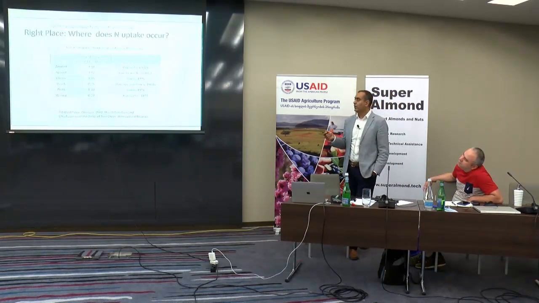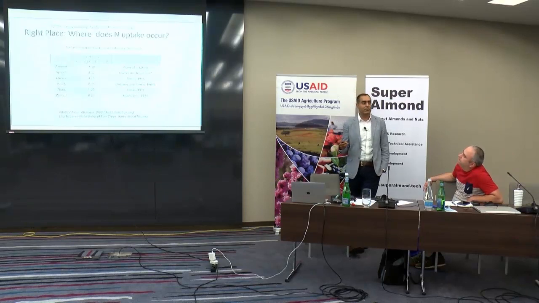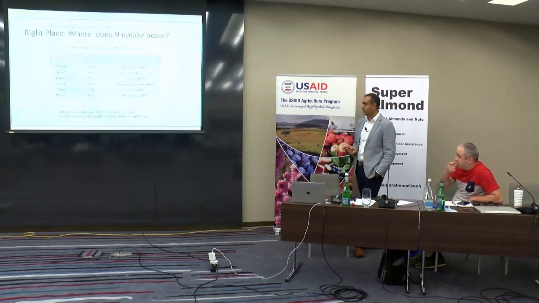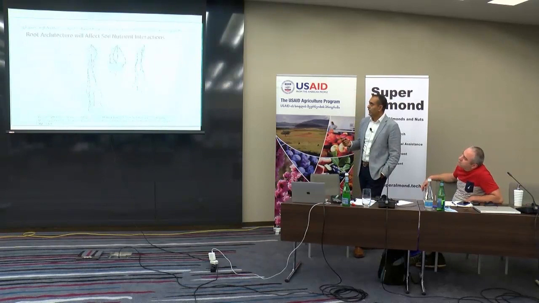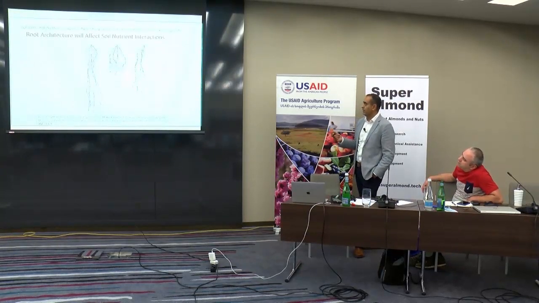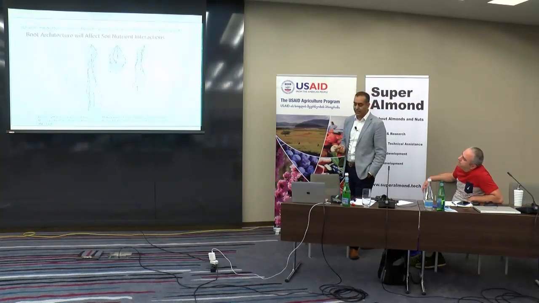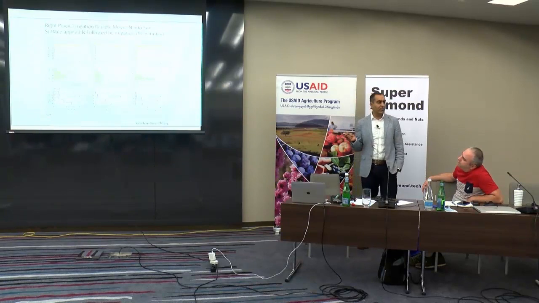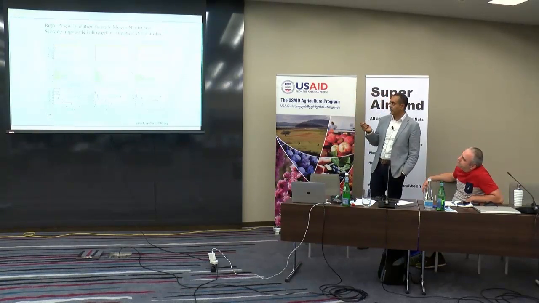Okay, so you don't want to push your nitrogen or your nutrition down into the lower parts of the root zone, because the uptake there will be very low. This is just a slide to show you the root architecture for nutrient interaction. This is a good chart for reference. You can take a picture.